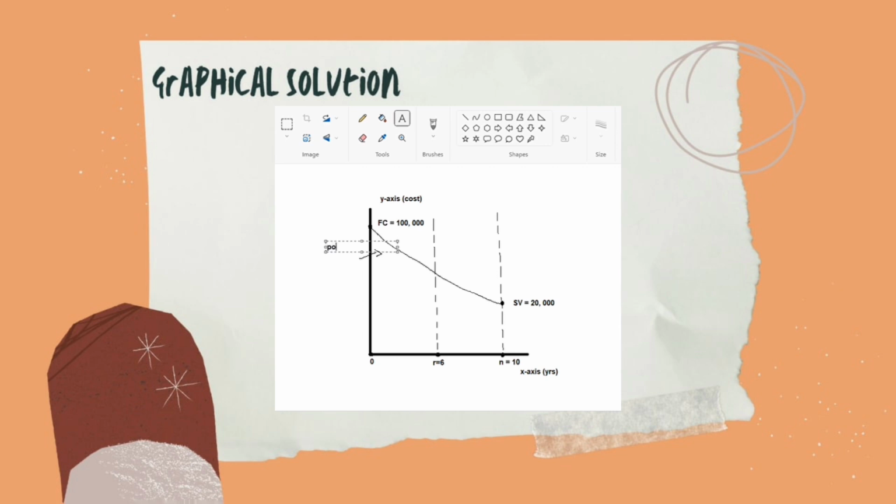Since we are using declining balance method, we will represent this with a power curve.